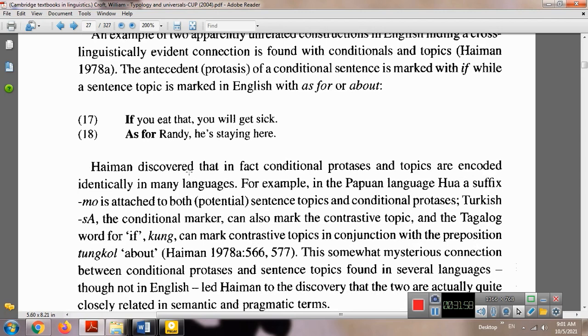Haiman discovered that, in fact, conditional protases or antecedents and topics are encoded identically in many languages.